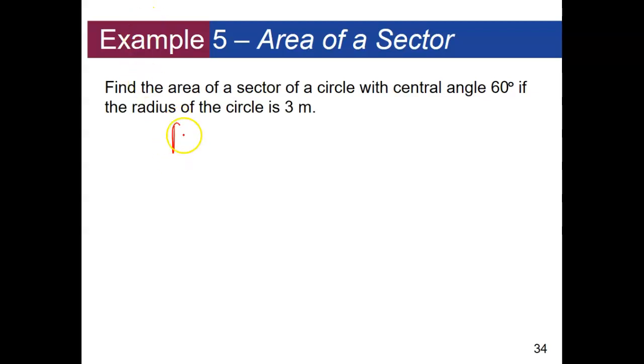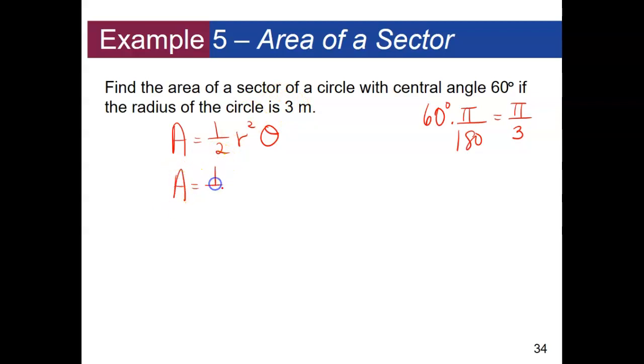Okay, so we've got area equals 1/2 r squared theta. We have a central angle of 60 degrees, so I need to convert that to radians, which is pi over 3, and we have a radius of 3. So my area is going to be 1/2 times 3 squared times pi over 3.